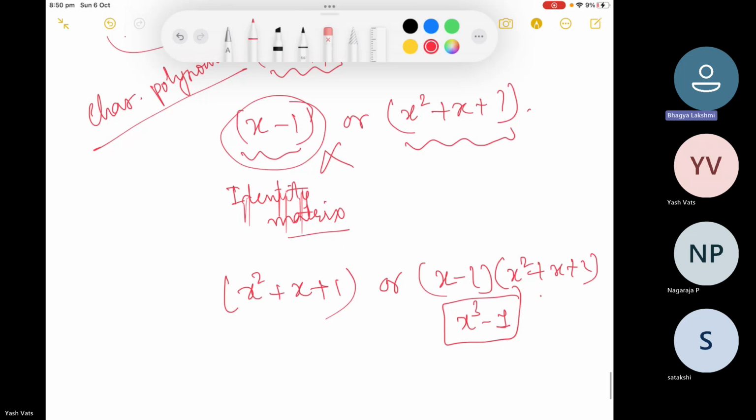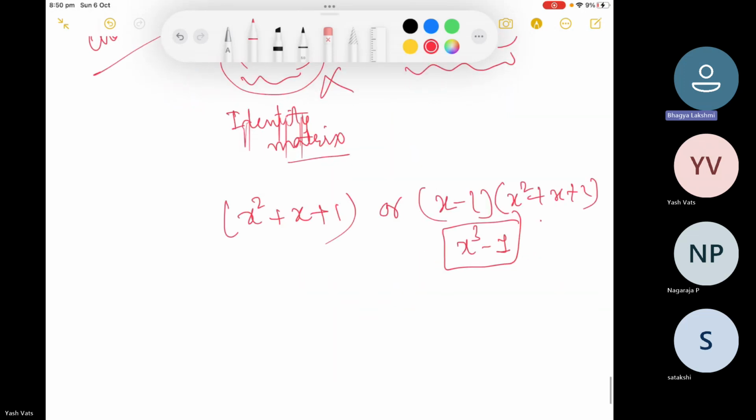But the eigenvalues, sir, belong to the complex numbers. So it is not diagonalizable over R. It is diagonalizable over C. Why is it not diagonalizable over R? All the eigenvalues belong to complex numbers. What does it mean then?